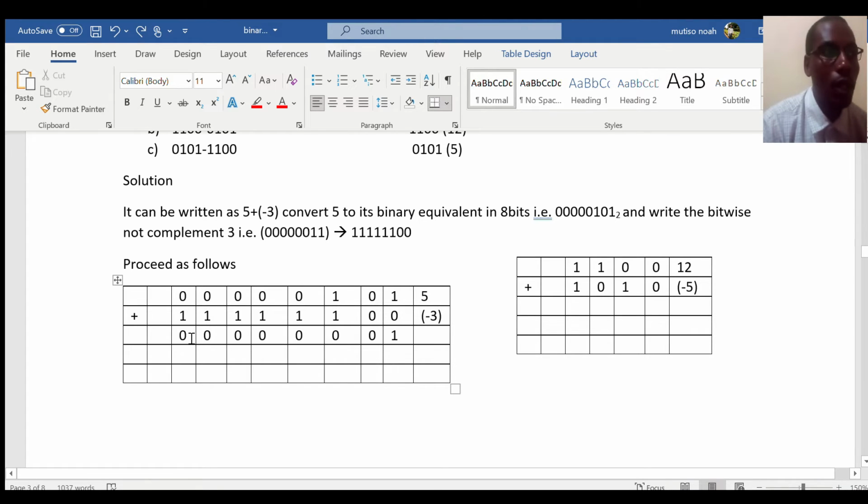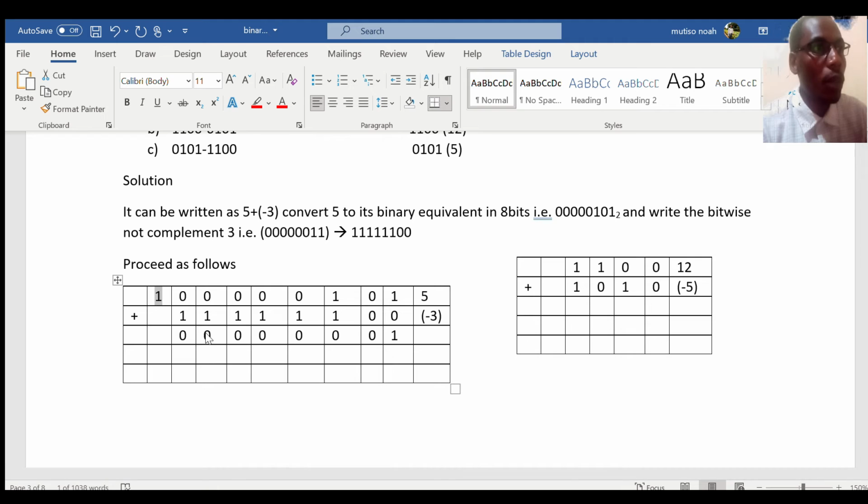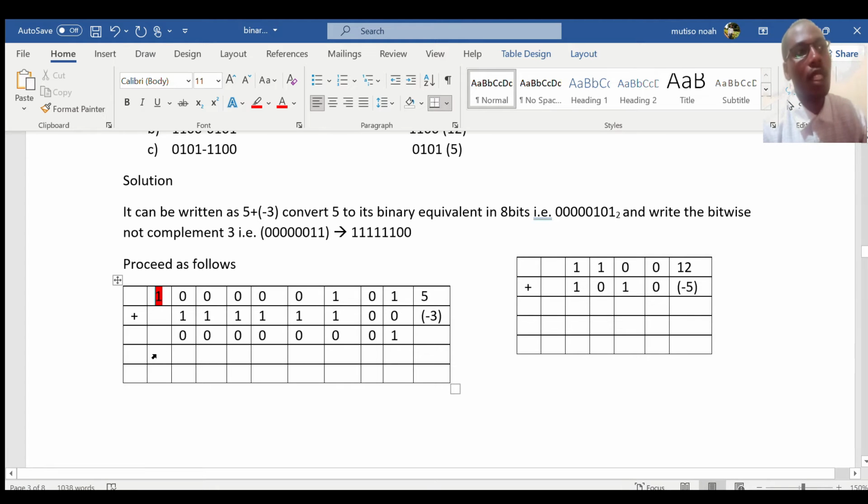You have a carry out number which is 1. Up to this point, you have a carry out number which is 1. So this is the one I'm talking about. This is the overflow bit. This one is the overflow bit, and it is also the carry out number.